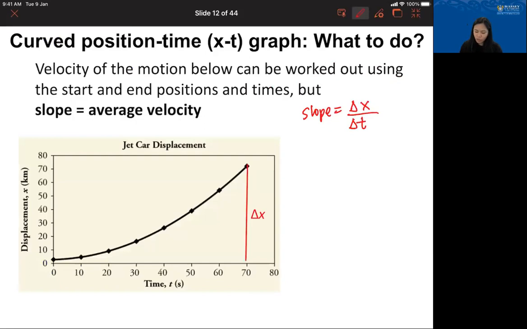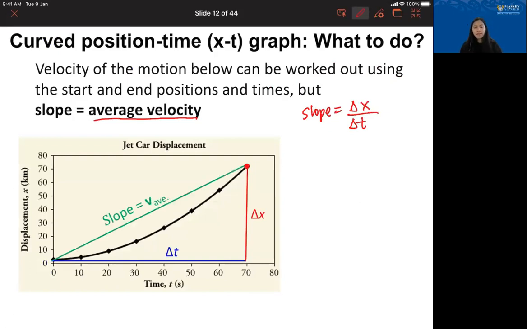So you still need to figure out this delta x, how much your position has changed, and divide that by this delta t, the time interval. But in this case, you will be getting the average velocity over this time interval. And the slope will just be this straight line graph that goes from the starting point to the final point.